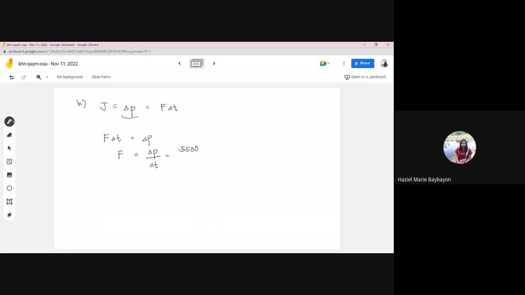So you have 5,500 Newton second or kilogram meter per second divided by 60. So we have, pila man ni siya, class? 91.66, ma'am. Okay, so it's 91.66 Newton. So cancel out ang seconds. So what is left is the unit Newton, the unit of force.